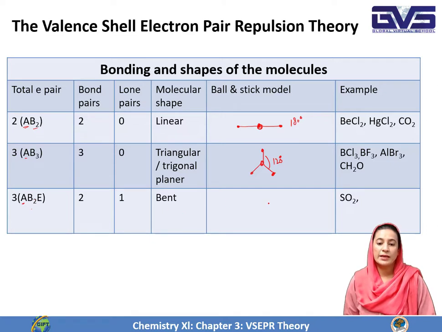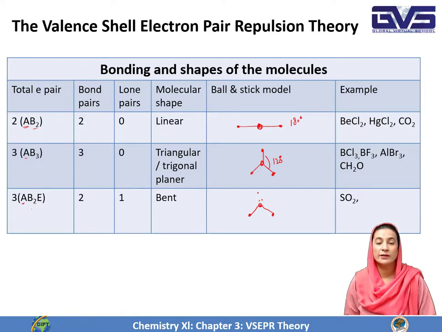So if this is the central atom and it has 2 bond pairs and 1 lone pair, then the 2 bond pairs, if they are initially in a straight line, due to this lone pair and bond pair repulsion, this shape will be bent like this one. This is because of this lone pair. If this lone pair is not present, then this shape may be linear.